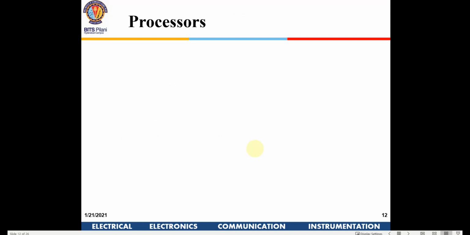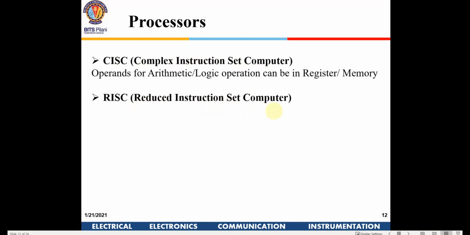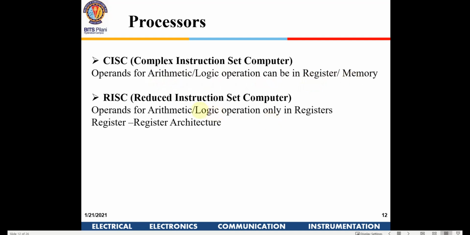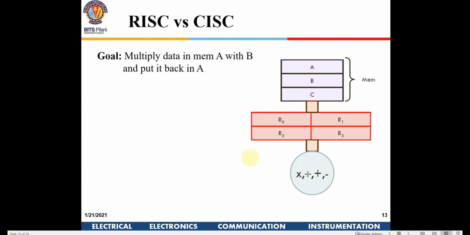Coming to the processors, processors can be classified into complex instruction set computer, CISC, or reduced instruction set computer, RISC. CISC can take operands from the register and the memory, whereas RISC takes only from the register. I'll make it slightly easier for you.